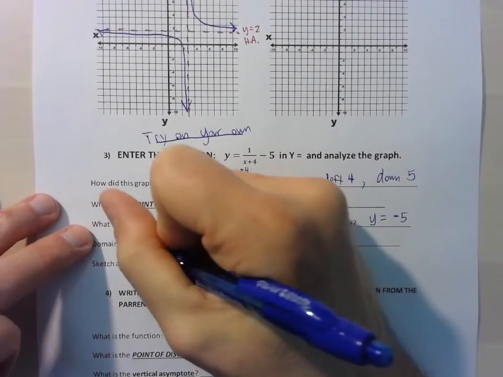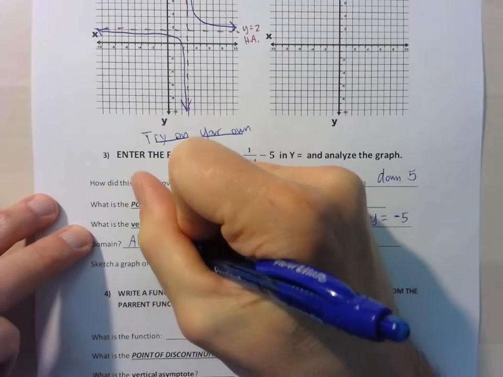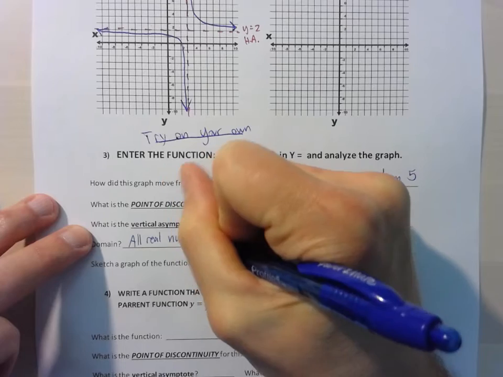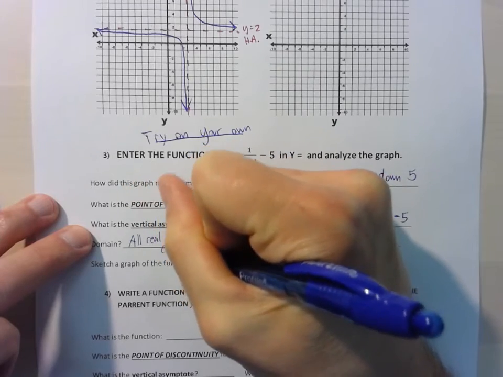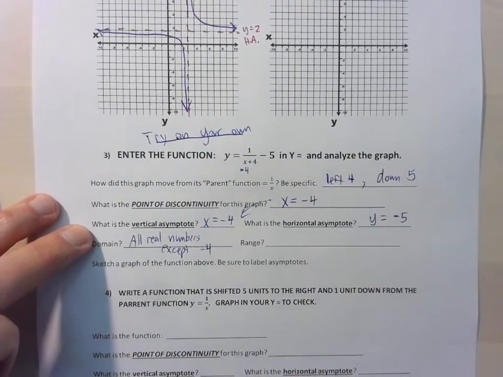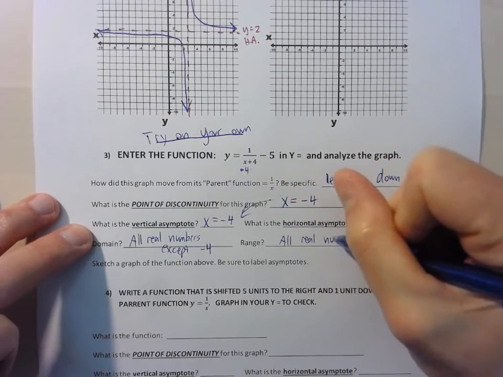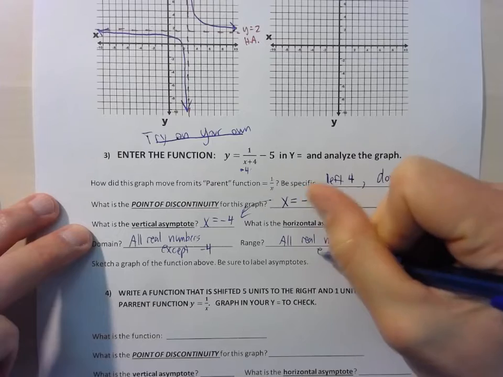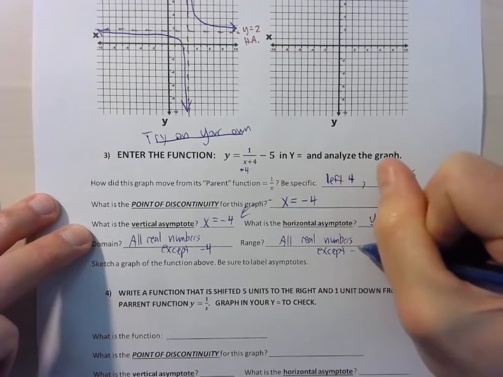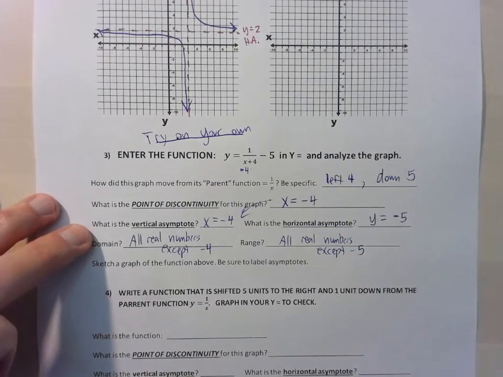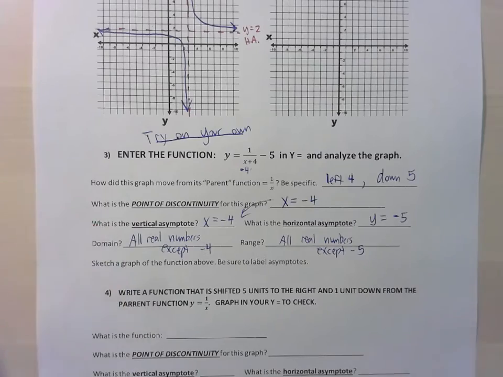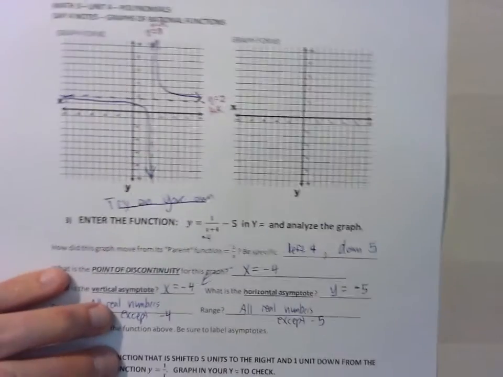So the domain is going to be all real numbers except minus 4. And the range is going to be all real numbers except minus 5. To graph that, you're going to do what you did for the number 2 graph.